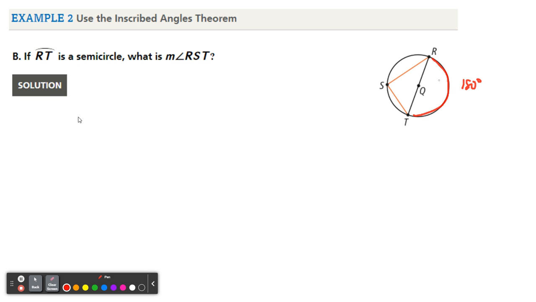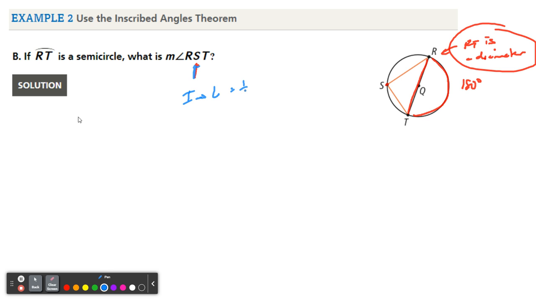Now understand that segment RT goes through Q. Segment RT is a diameter. It's very important that when you deal with circles, if you see a radius or diameter, you identify it. So for angle RST, the vertex S is on the circle. So I use blue. Because S is on the circle, this is an inscribed angle, which means it's half of its arc.